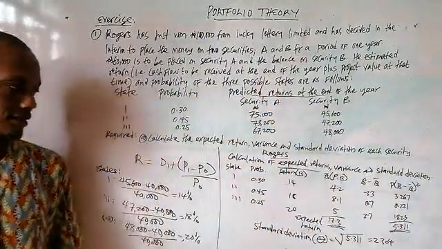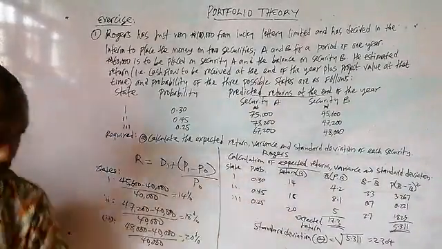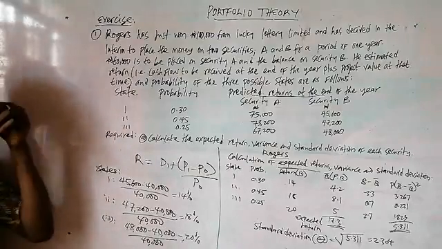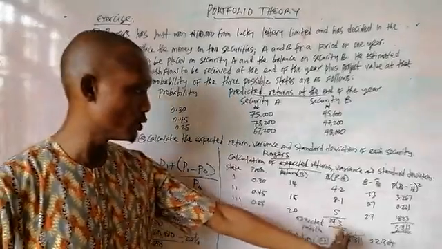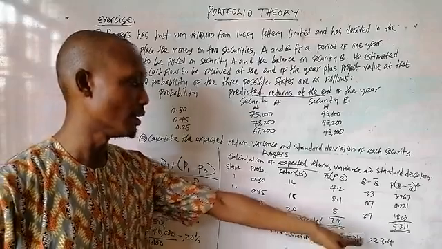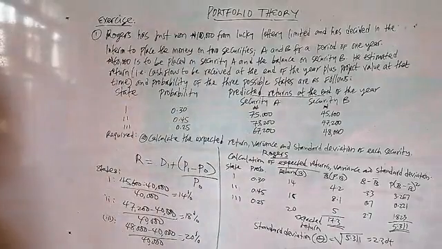So having said this, if you now compare the return to the risk for security B, we have a return of 17.3 and a risk of 2.304.